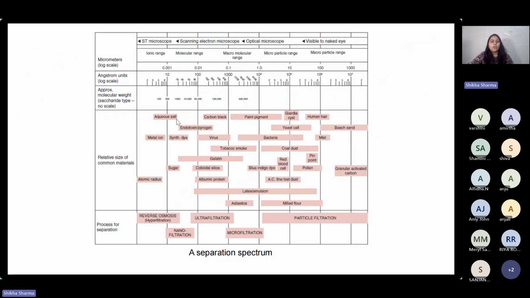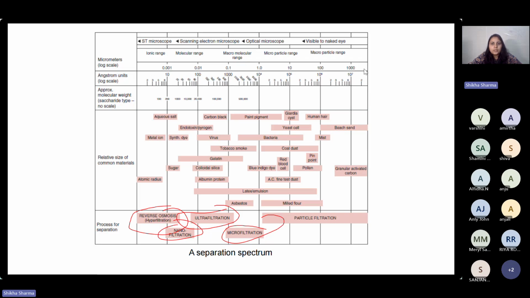Then, as we discussed, we have microfiltration, ultrafiltration, nanofiltration, and reverse osmosis. And based on the different sizes, they can separate different particles. A chart is given showing what we can separate in each.